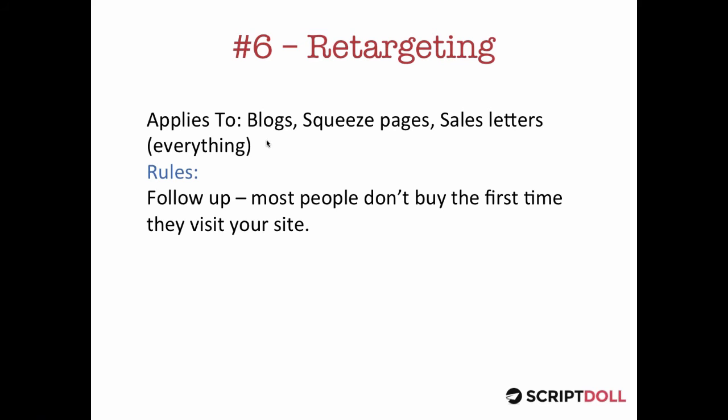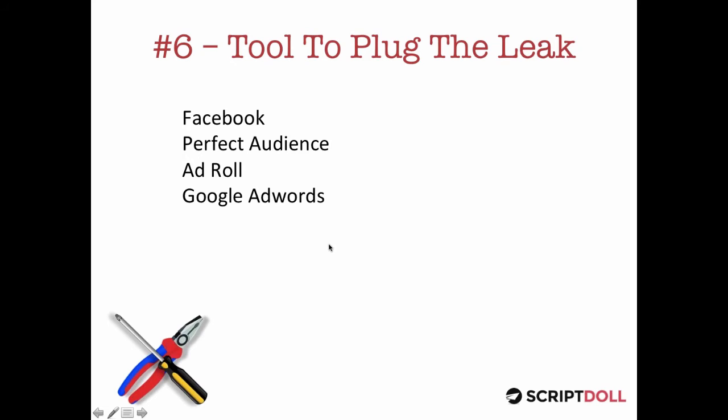When you do these different web properties like blog posts, squeeze pages, sales letters, you have that opportunity to dial in on what that person might be interested in, and then tell them about it again in some other way. Most of you know that you can retarget with Facebook, Perfect Audience, AdRoll, Google AdWords.